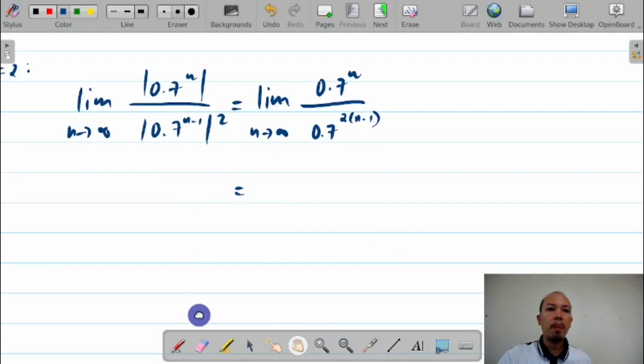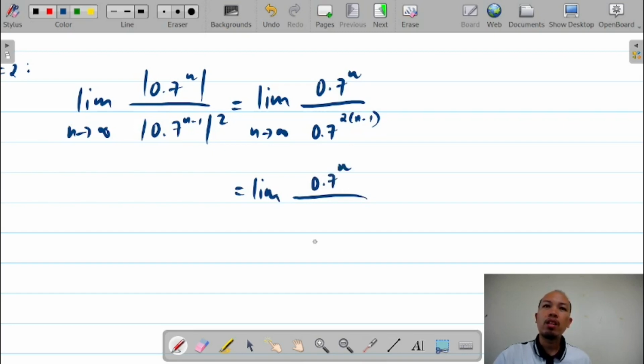Okay, so let's simplify. We have 0.7 to the n in the numerator. Let's simplify the denominator: 0.7 to the 2n times 0.7 to the negative 2, as n approaches positive infinity.